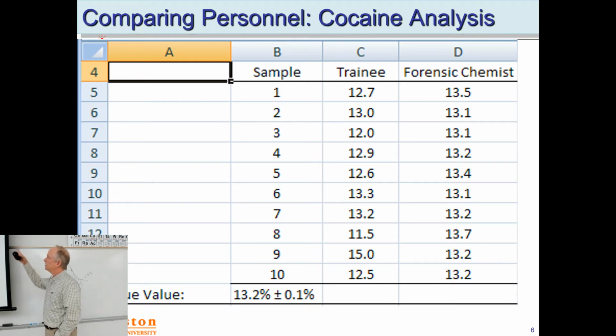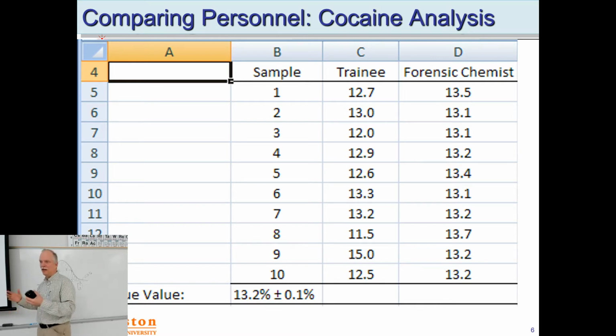You're looking at their results, especially the forensic chemists, they're all 13 point something, and they hover around the 13.2. And then look at the trainee. They did okay. You got some 12s, but they got some 15s. Already it kind of looks like the trainee is more scattered in terms of their results than the forensic chemist.